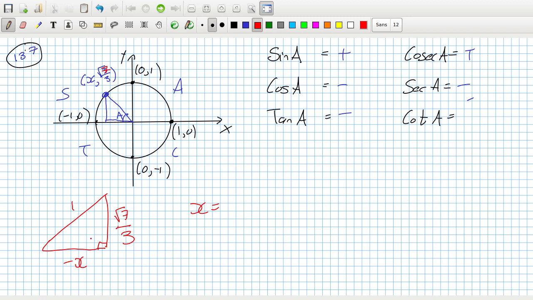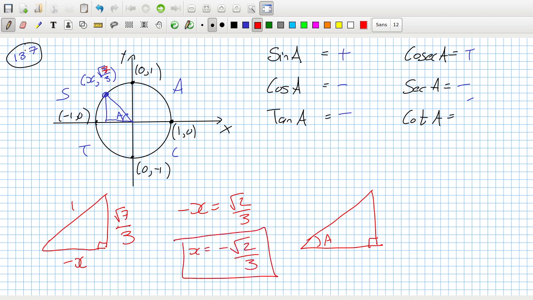So root 1 minus 7 over 9, so that's root 2 over 3. That's what minus x is equal to. So x is equal to minus root 2 over 3. So this would be root 2, root 7, and 3.